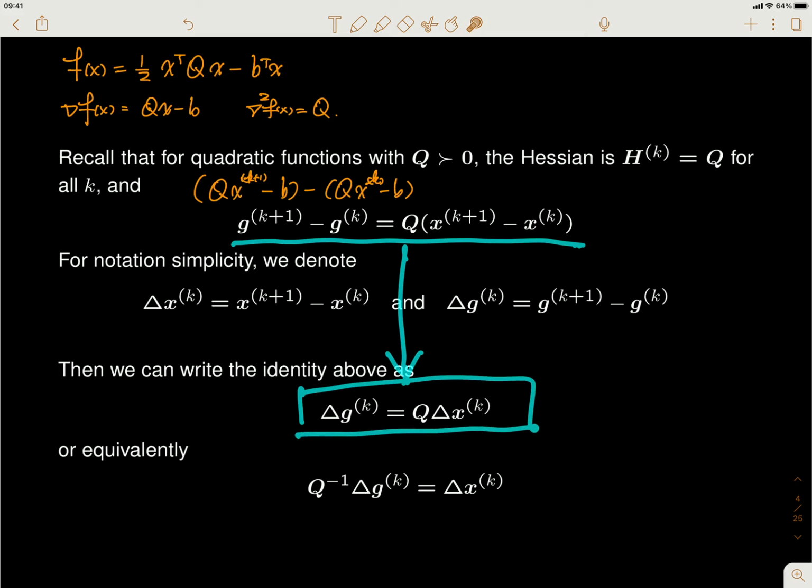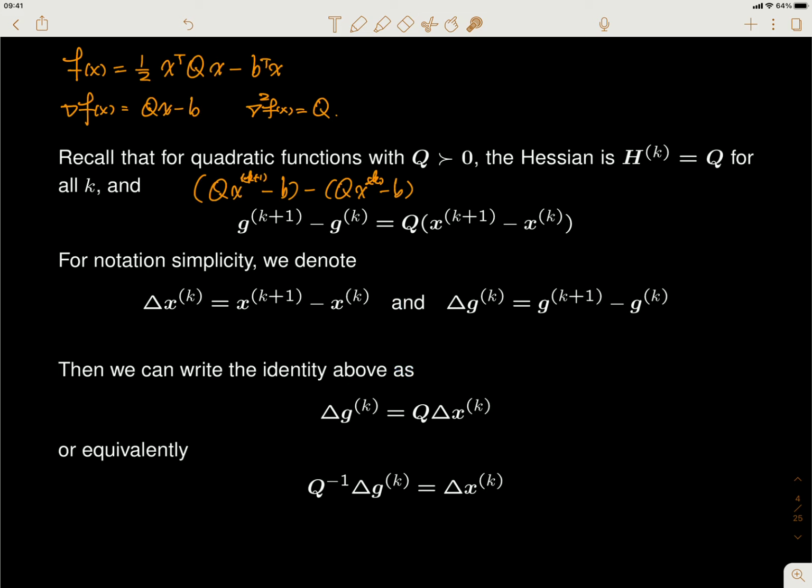If we use this notation, then this equation becomes this one. And if Q is positive definite, we can multiply Q inverse on both sides, and that becomes this.